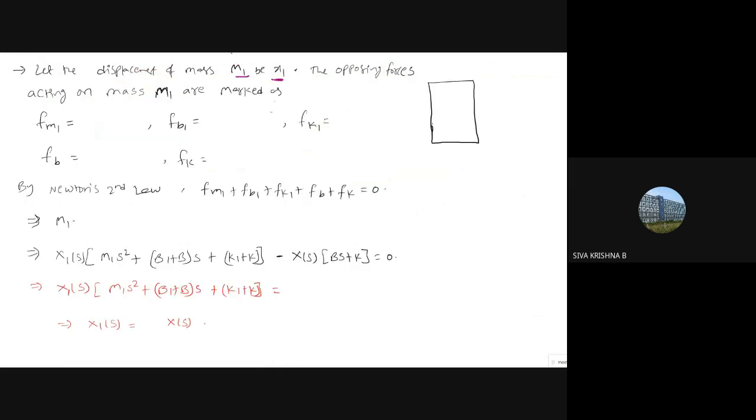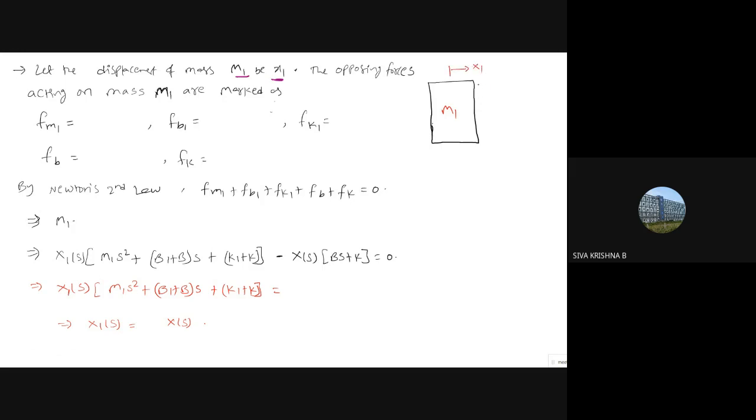The displacement of m1 is x1, and the opposing forces acting on mass m1 are, what are those? First is its displacement x1.